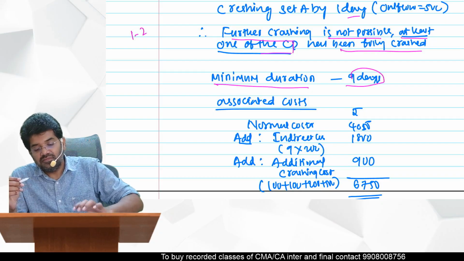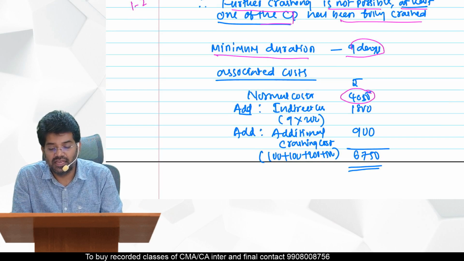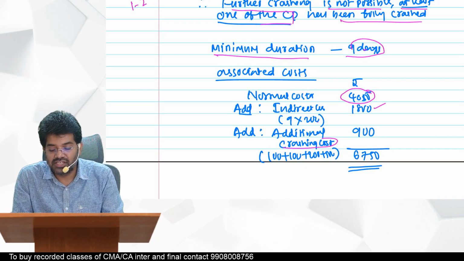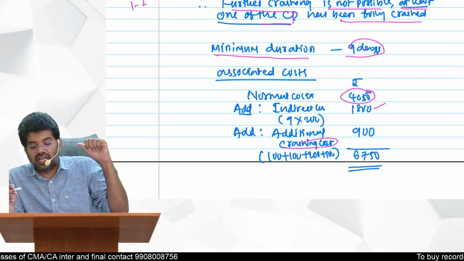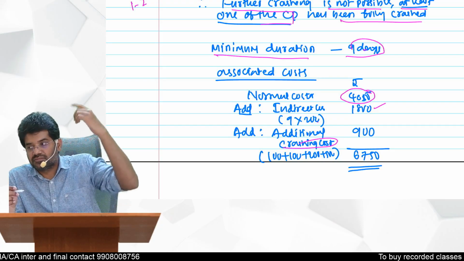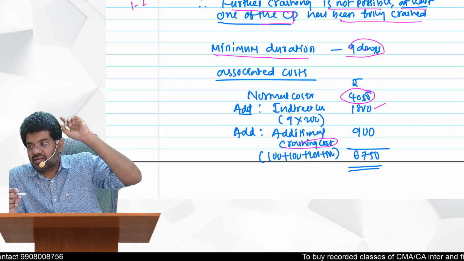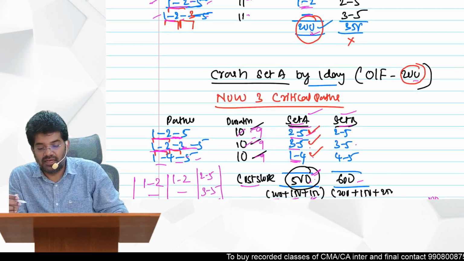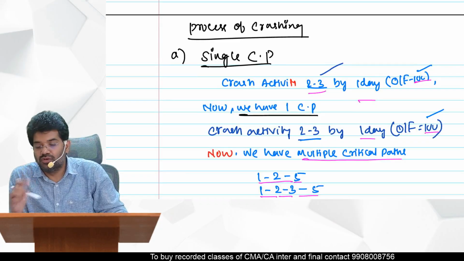Okay. And now the associated cost, how to calculate? Normal cost is 4050 only. Indirect cost saved is 9 into 200, 1800. Additional crashing cost is, first one, what is the first one? That is when we had a single critical path, 2 to 3 by how many? 2, 100, 100.